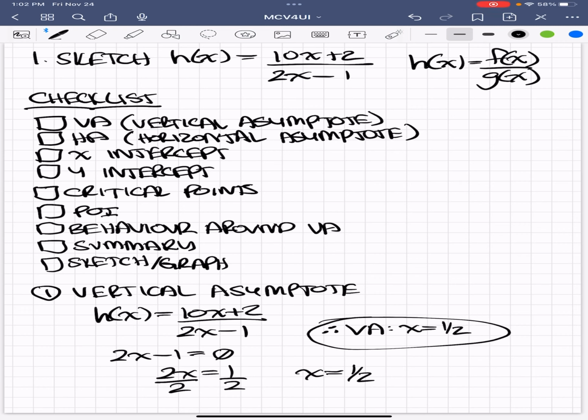So our vertical asymptote is x equals a half. That means there's going to be a dotted line at the x value of a half.